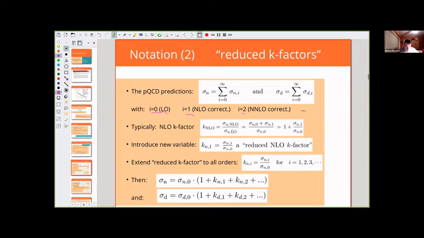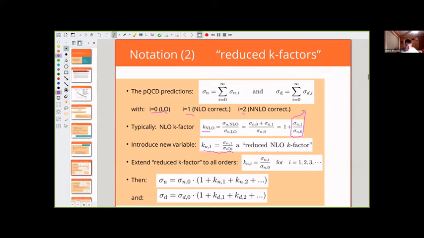In terms of these pieces, sigma ni, we can write this as sigma n0 plus the NLO correction divided by the leading order contribution, or 1 plus this ratio. And now, instead of talking about the K factor, we subtract 1 and just look at this piece over here, which is the ratio of the NLO correction over the leading order contribution. And we call this one a reduced K factor. So this is the NLO correction over the leading order contribution.